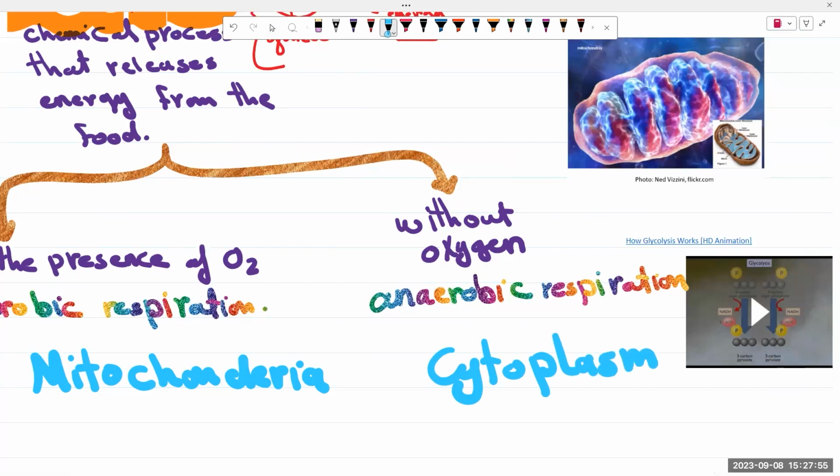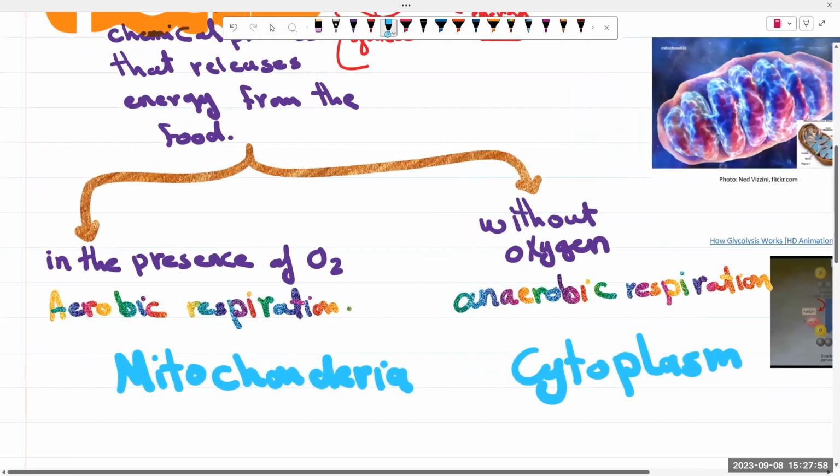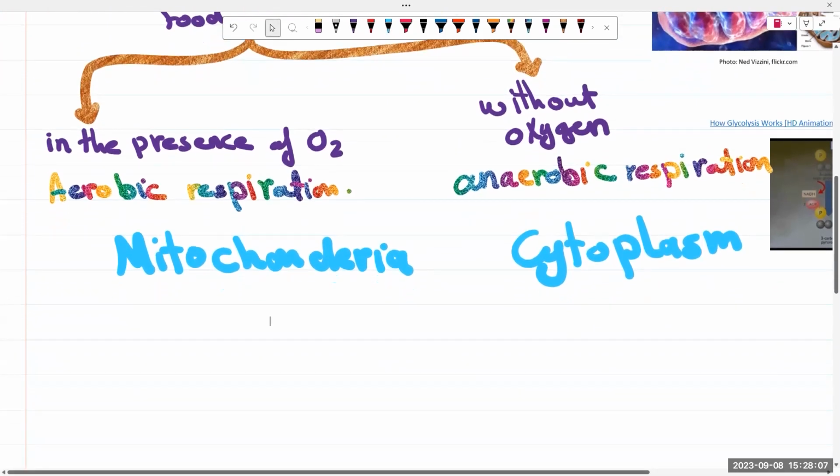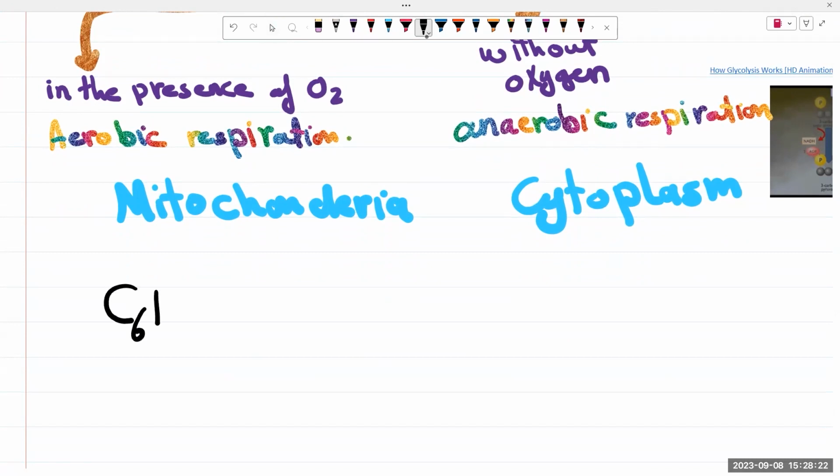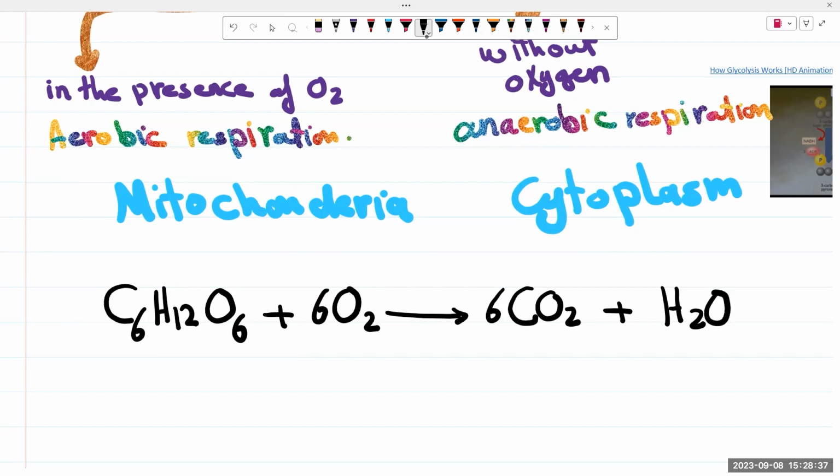Today, I will go to the details of aerobic respiration and I will postpone anaerobic respiration until later. So here let's go to aerobic respiration. If you remember the equation of aerobic respiration, C6H12O6 plus 6 moles of oxygen will be totally oxidized to give carbon dioxide and water.